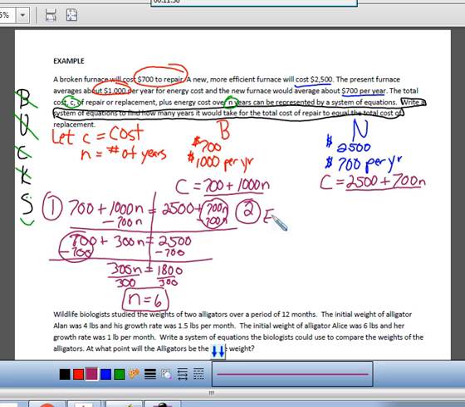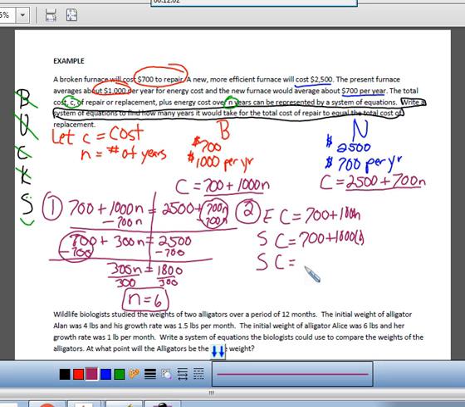I'm going to be using my ESS here. So let's use that first equation. C equals 700 plus 1,000 N. So I substitute 6 in for N. Oops, that's supposed to be 1,000, not 100. 1,000 times 6.